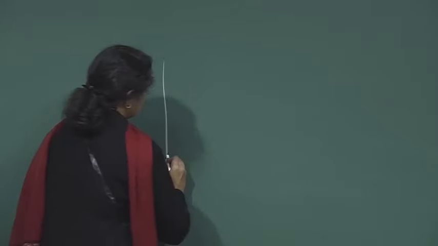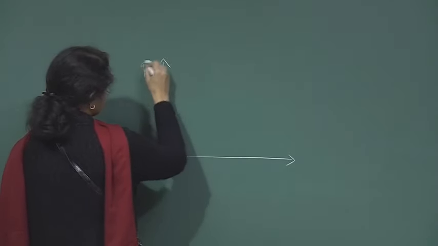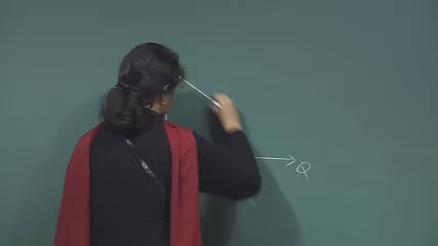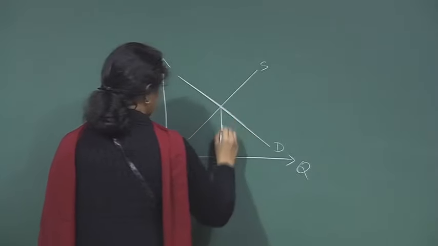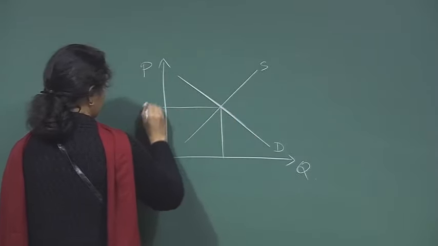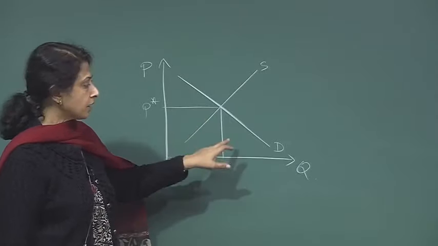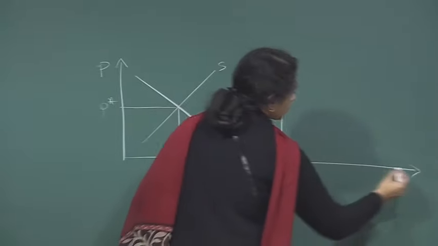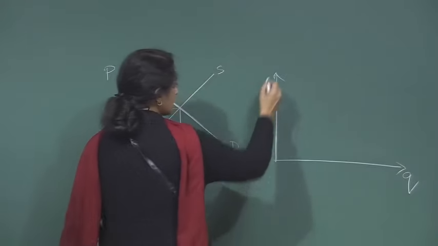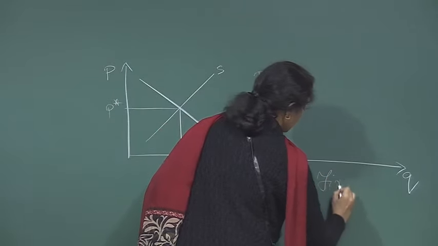So this P star was determined in the market, and for any firm, small q was the output that each firm produced and P was the price that it charged. So this was for the firm.